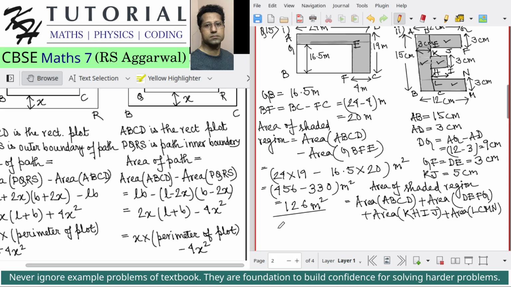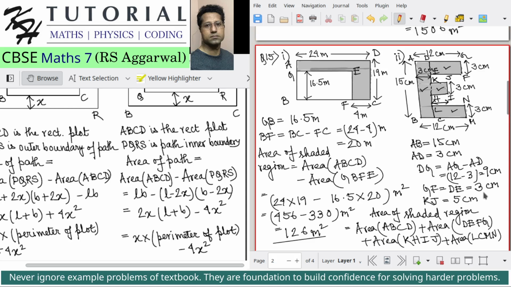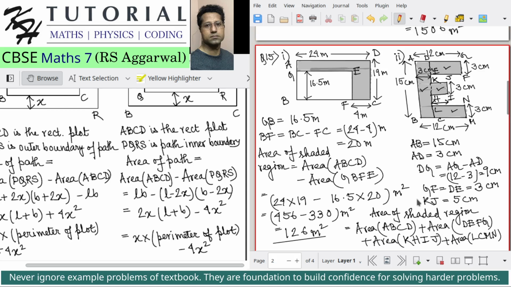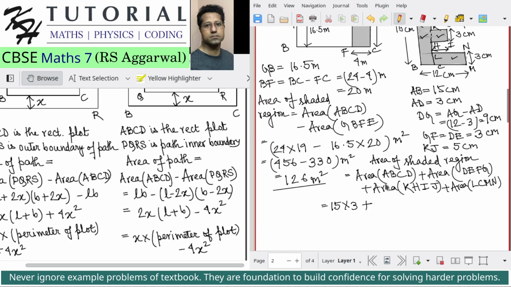Okay. So what is the area of rectangle ABCD? It is 15 multiplied by 3. What is the area of rectangle DEFG? DG is 9 centimeter multiplied by 3.